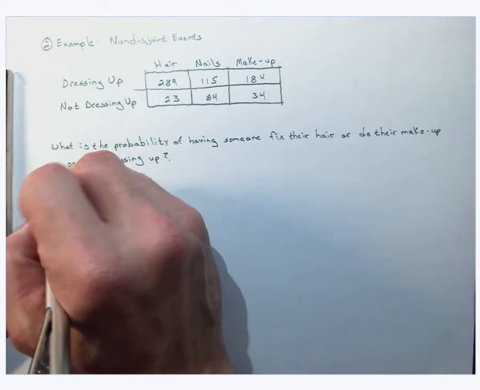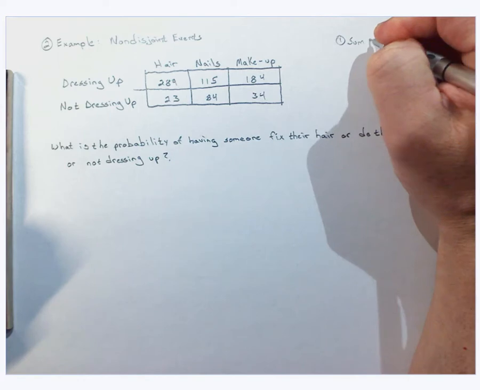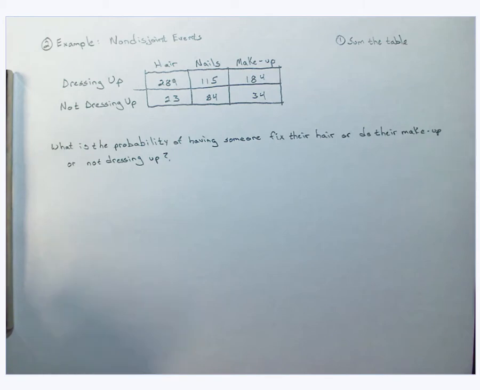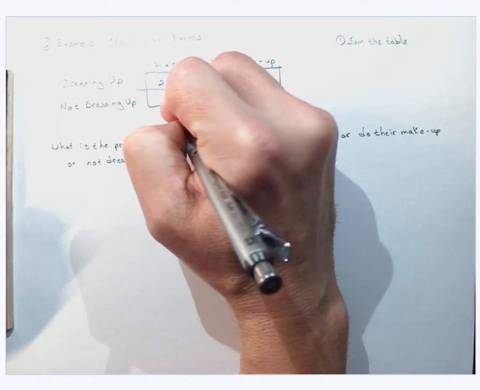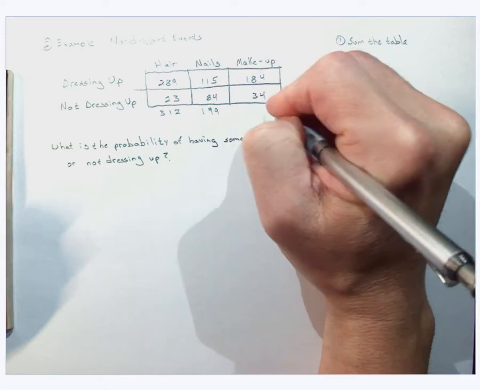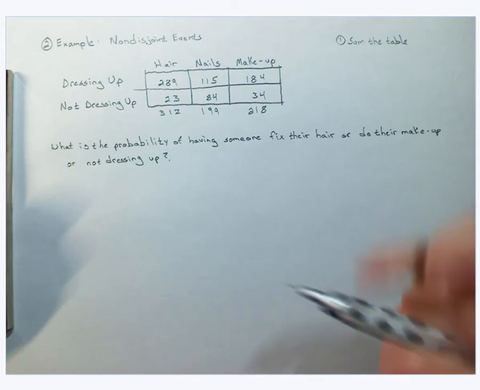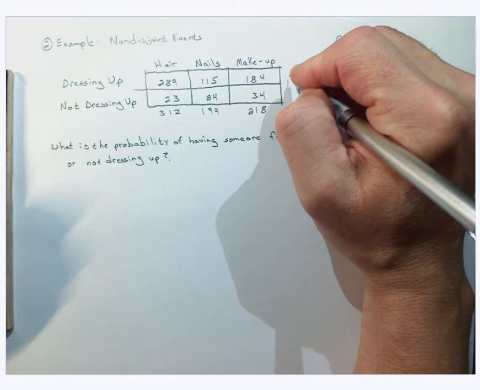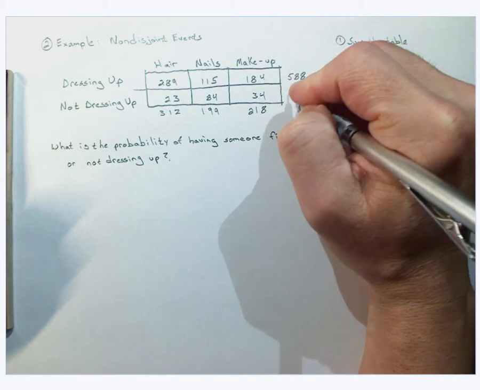First thing that we need to do is sum the table. Anytime you have a table, you go through and take all your sums and add everything up. So we'll work 312, 199, 218, 588 and 44.